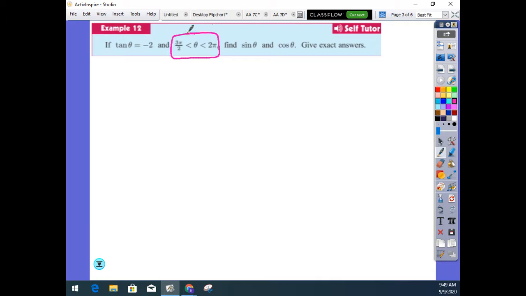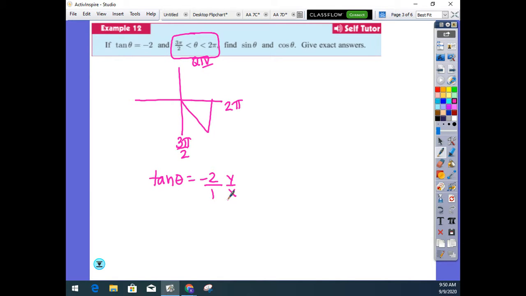3, always focus on the interval first. Theta is between 3 pi over 2 and 2 pi. So this one is in quadrant 4. All right, tangent is -2. I always just create my fraction because this is y over x.